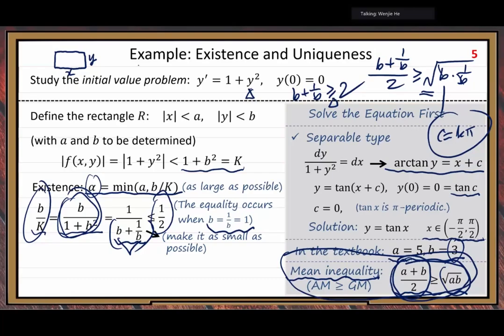It is known that X plus Y is a fixed number, the perimeter of your fence, the four sides added up, is a fixed number.